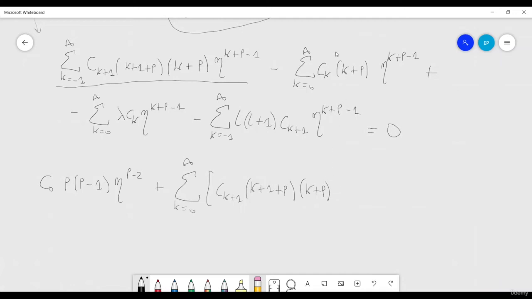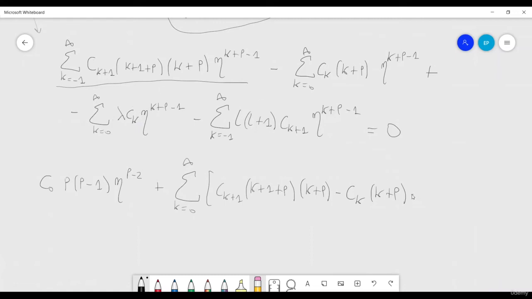And I can also factor out this term eta to the power k plus p minus 1, okay? And I can put this coefficient inside the first summation like this. So I have minus c sub k times k plus p. And I can also put this coefficient inside the same summation.